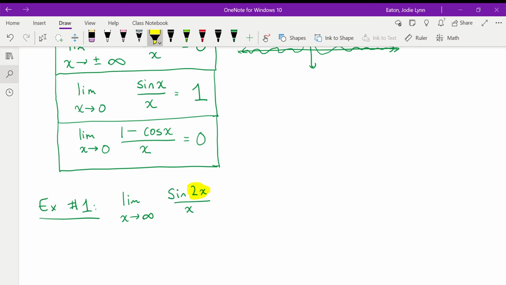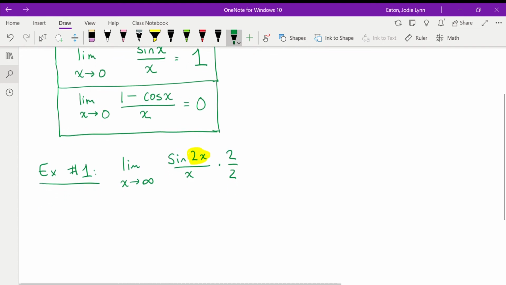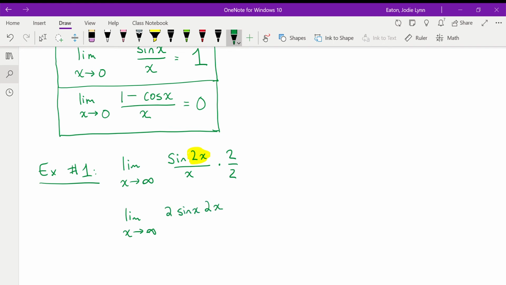So what I want to do is make this look like that. So what I'm going to do is multiply the numerator and denominator by 2 over 2. So multiplying sine 2x by 2, the 2 comes out front in our regular notation. So this is the limit as x approaches infinity of 2 sine 2x over 2x. Now we see that these two things are the same, which is exactly what we want.